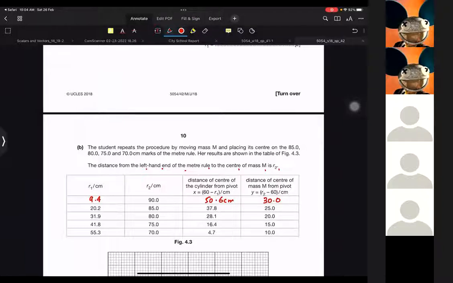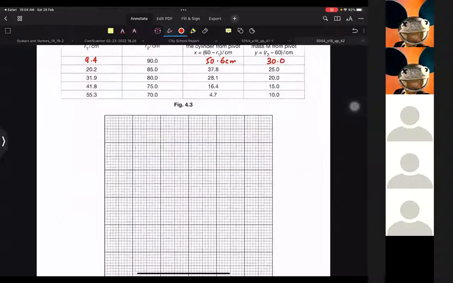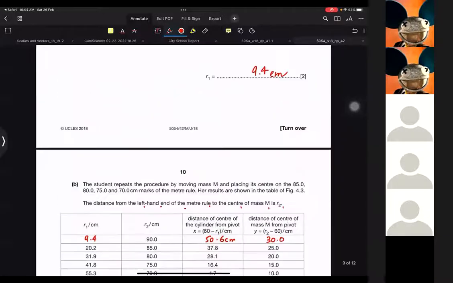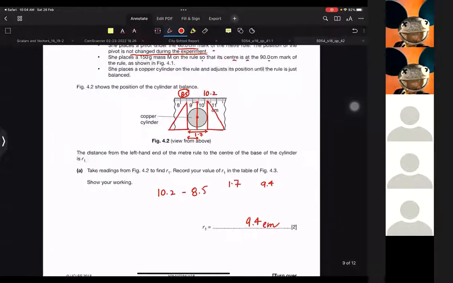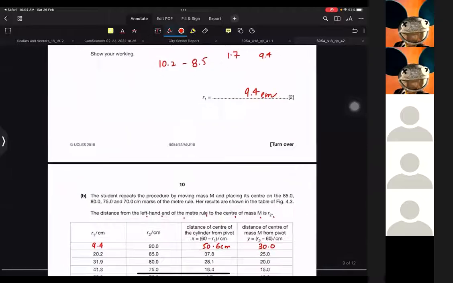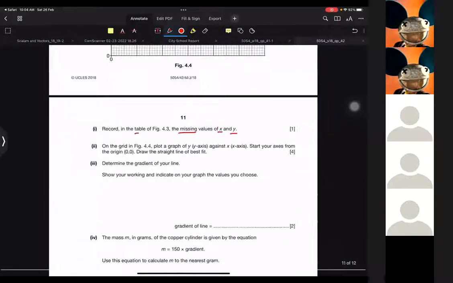Remember that. Now it says this is the graph, and they haven't told us to draw the graph yet. It says record on the grid: plot Y on the y-axis, x on the x-axis.